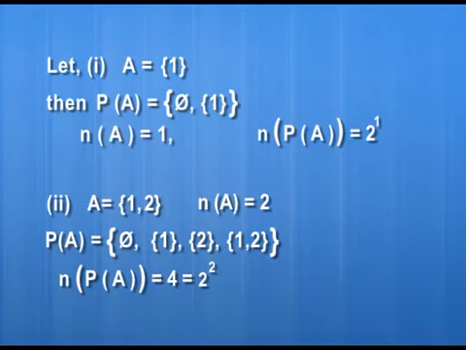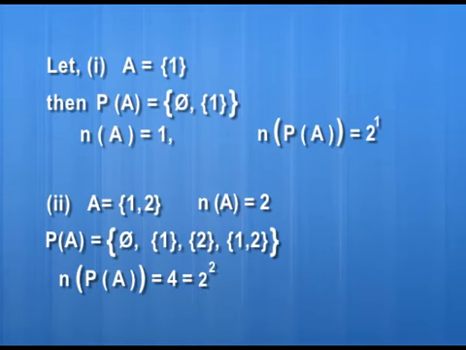Again, set A is having 2 elements, one additional element has been put in this set. Now, number of elements in set A is 2, power set will be having 4 elements, we have just discussed. Now, number of elements in power set is 4, which can be written as 2 raised to the power 2.